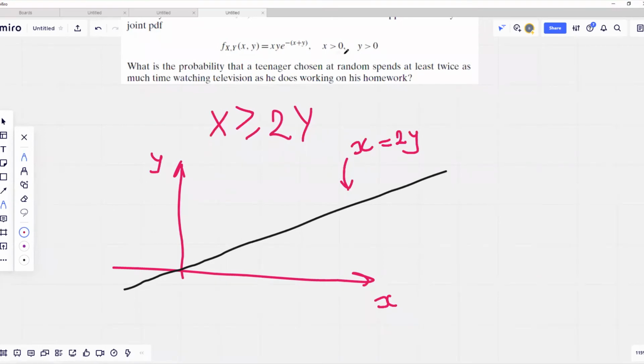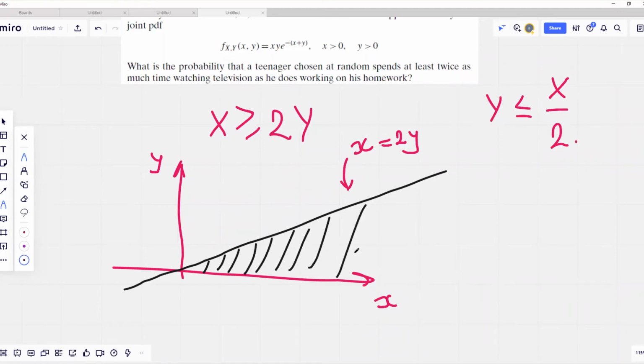Now x is greater than 0 and y is greater than 0, so we'll be looking for the region in the first quadrant, for values of x greater than or equal to 2y, or y less than or equal to x over 2. So that will be the region in black. So this is our region R.